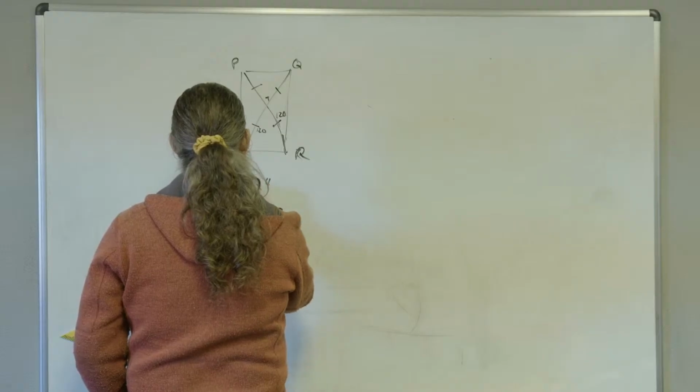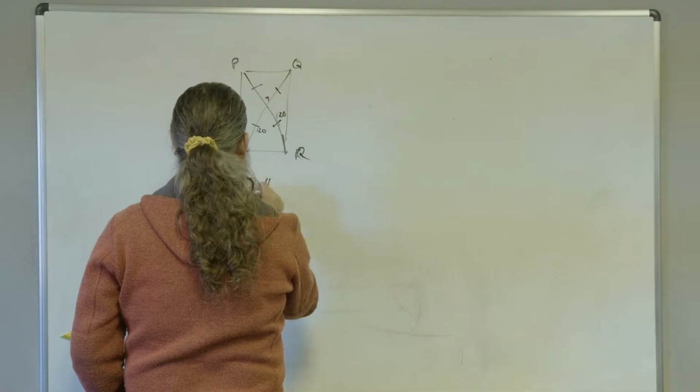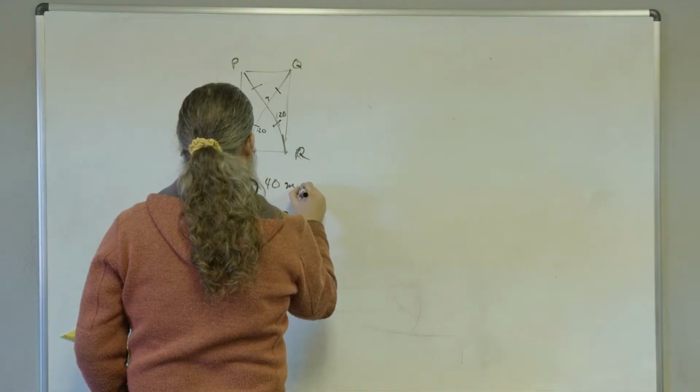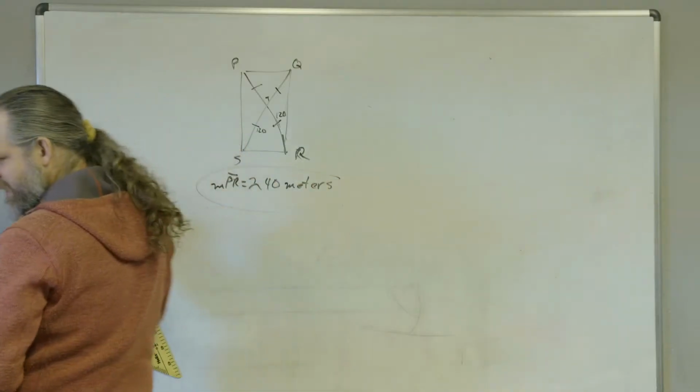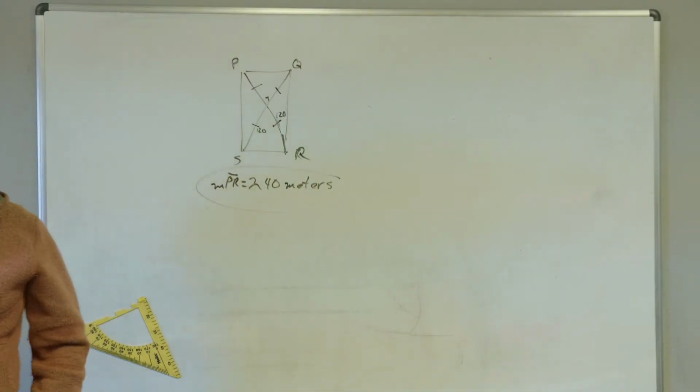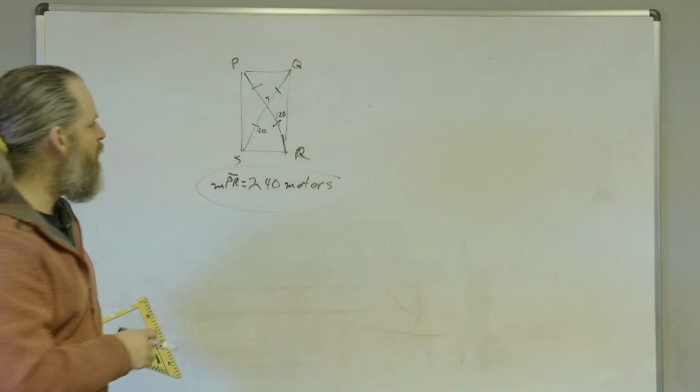The measure of PR is 240 meters. Easy squeezy. Hey, so what about 1B?